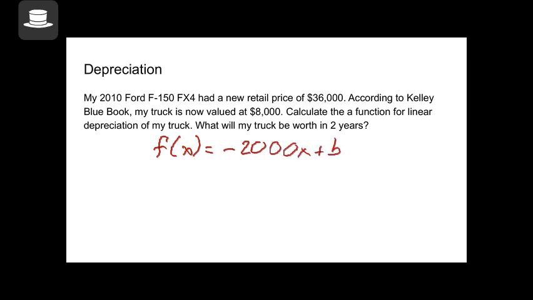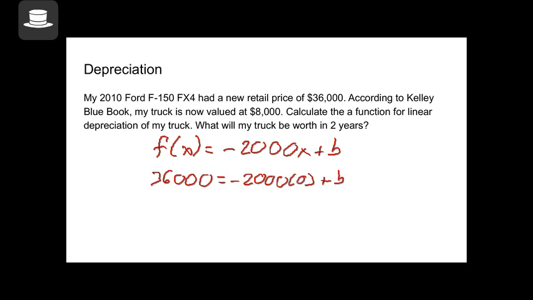All right, so now I want to generate a line, and I do it the same way as I did before: y is equal to mx plus b. That's what I have here. So in the year 0, the y-intercept, or the f of x value for the truck, was 36,000. So 36,000 is equal to negative 2,000 times 0 plus b.